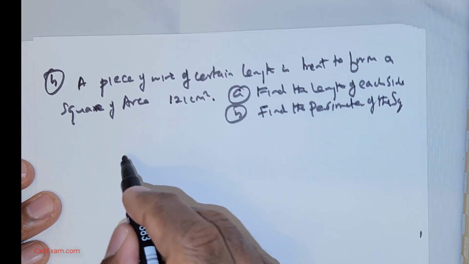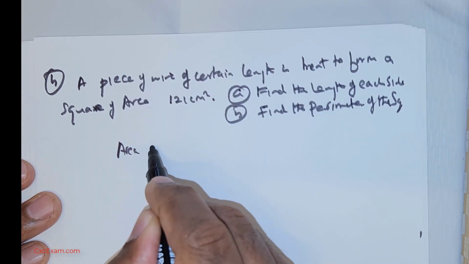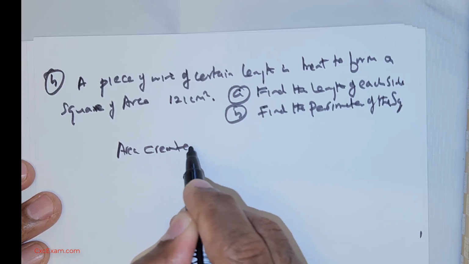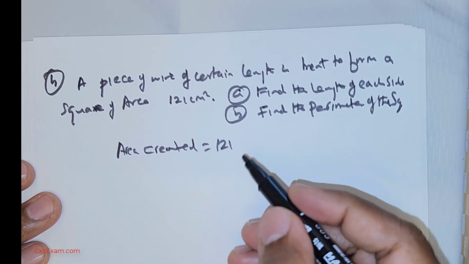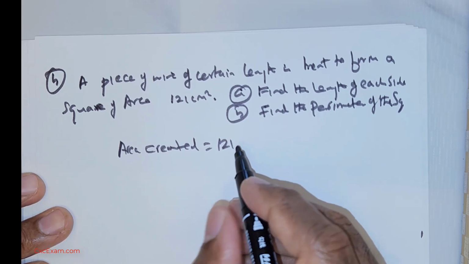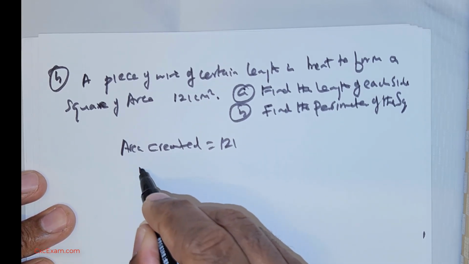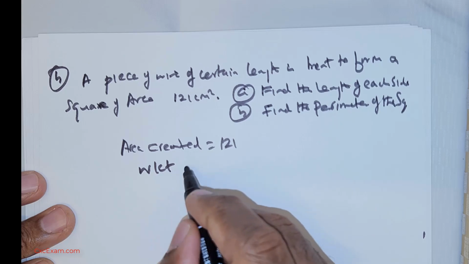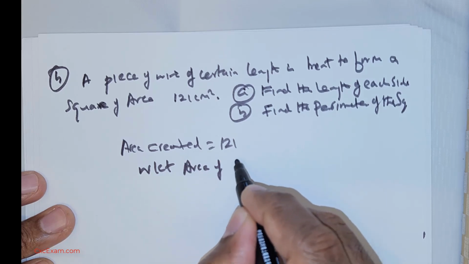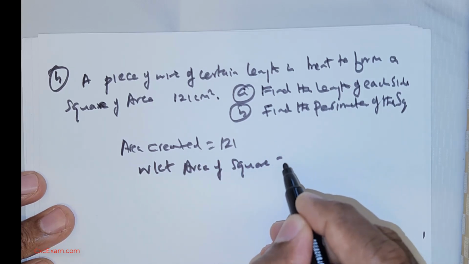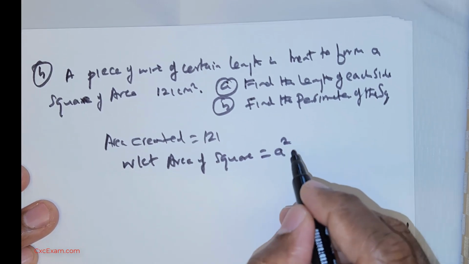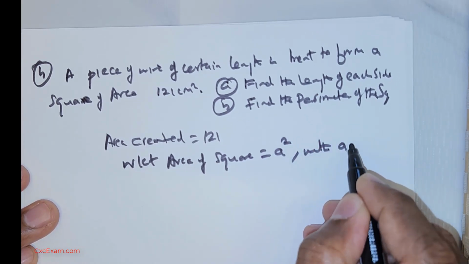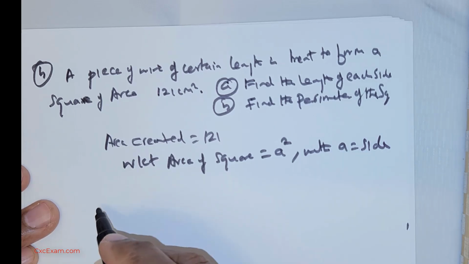Okay, so the area created is 121. And we know, WKT stands for we know, that the area of a square is given by the formula a squared, with a being the side.